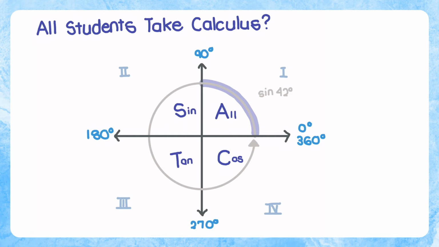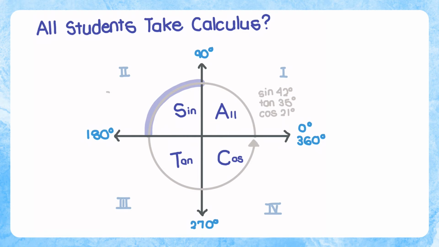Basically, you get a positive answer. You'll get a positive answer if you try something like tangent of 35 degrees or cosine of 21 degrees. So whenever your angle is in this quadrant, so between 0 and 90 degrees, any trig function will end up with a positive answer.